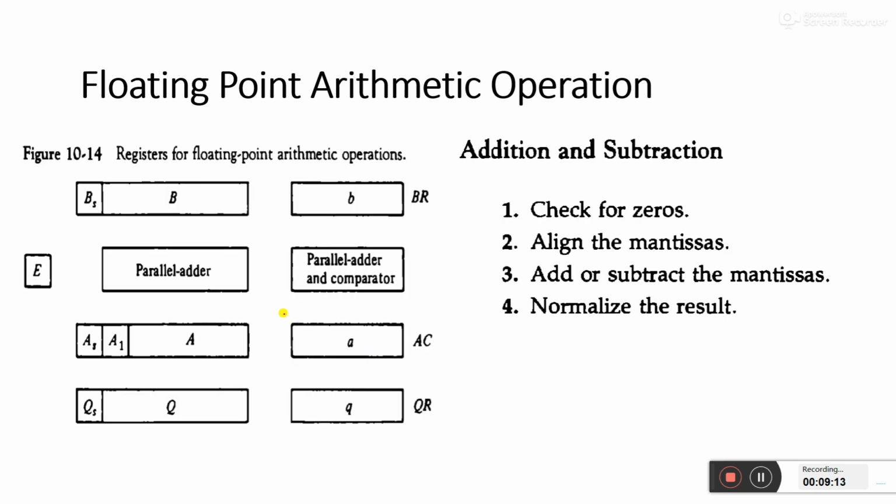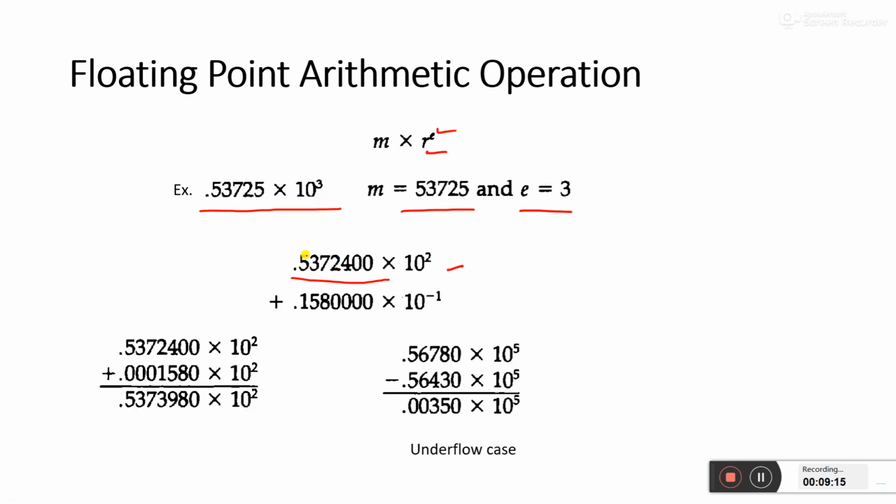In the general form, if you shift this number, then accuracy will be compromised, and you will get something like 0.240000 and you will lose 0.537 into 10 raised to the power minus 1. What you have to do for the addition is just normalize these two numbers, meaning your power of 10 must be the same.